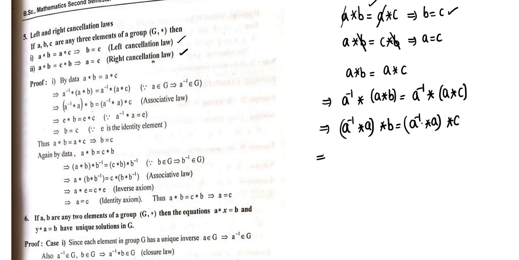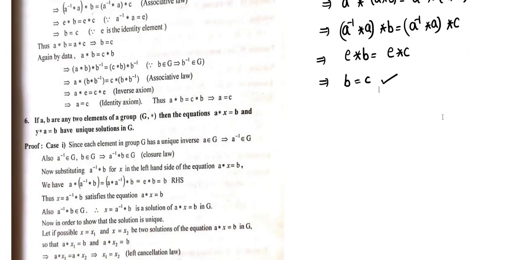We know that element * inverse of that element is equal to e. Apply here also, this is also e. e * b equal to b, e * c equal to c. Therefore, we proved b equal to c. Therefore, the left cancellation law is proved.